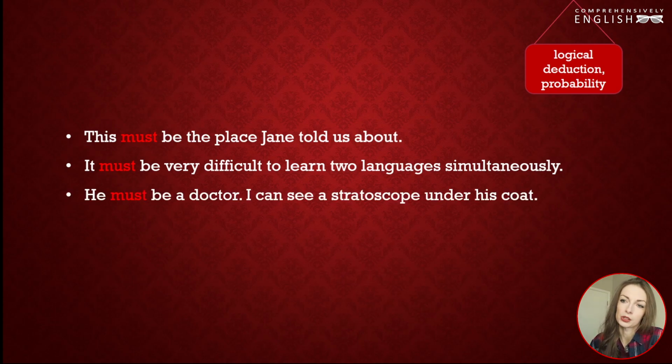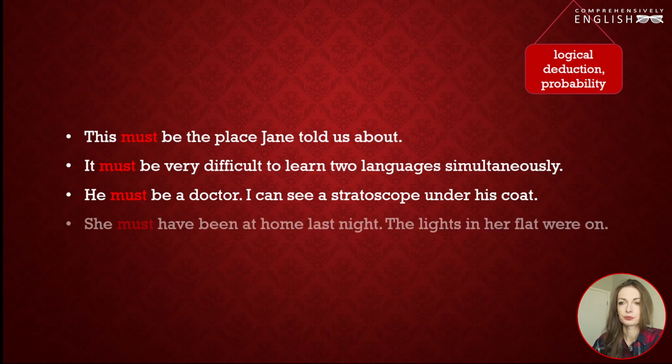He must be a doctor. I can see a stethoscope under his coat. I can make such a conclusion because I see a medical device, and I can conclude or presume that he is a doctor. He must be a doctor. He looks like one. She must have been at home last night.